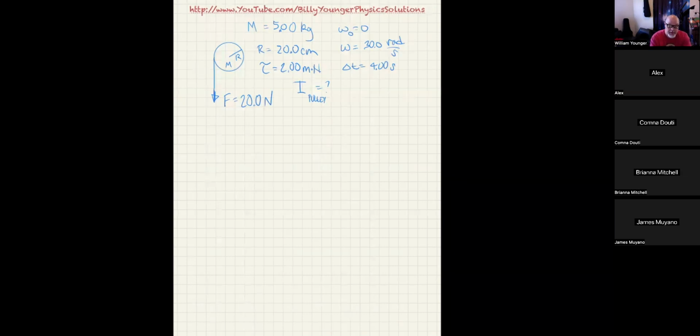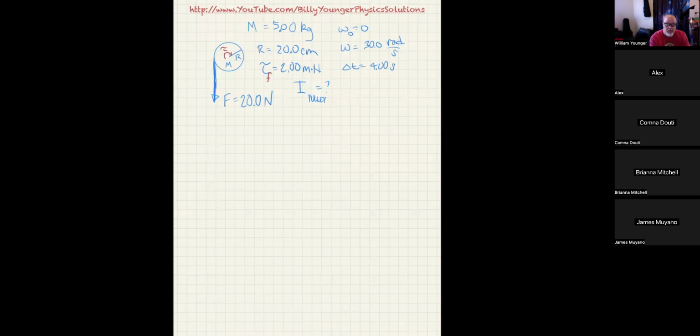I should probably indicate that this is a friction torque. Okay. So the force that's actually causing this thing to rotate is a fixed, what did I say, 20 newtons? It's a fixed 20 newtons right here. And the torque that is due to friction is actually tending to act that way.